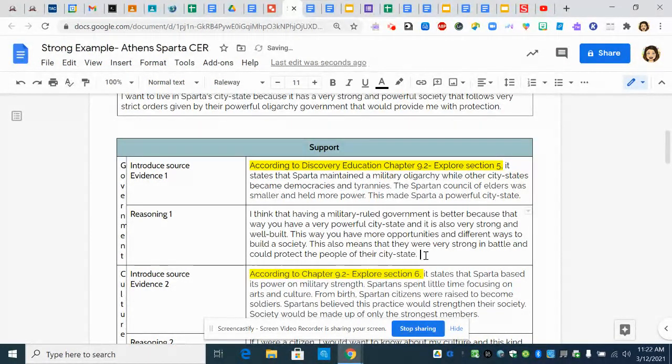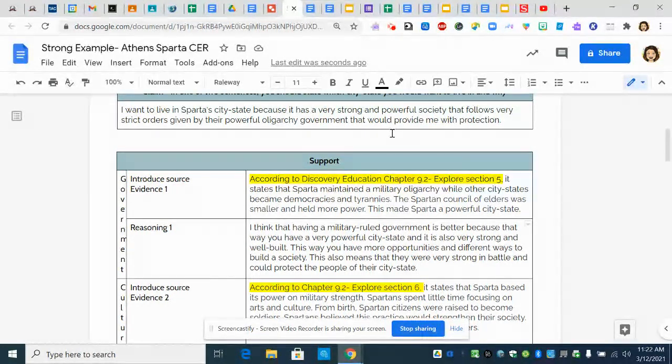Now, this student connected the dots between their claim, why they would live in Sparta, because it was a strong and powerful society because of its government, okay? So this student explained here why this evidence supports their claim, okay?